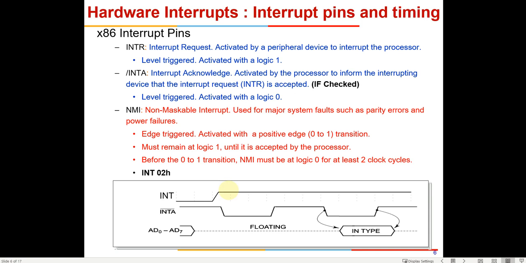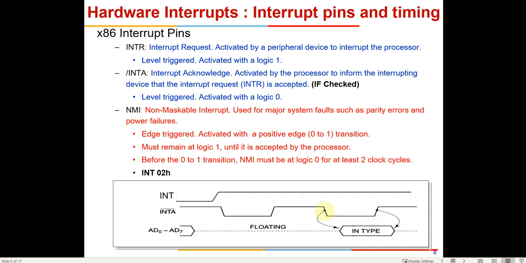It will not stop halfway through. It will complete that instruction and then send an interrupt acknowledgement signal, just to tell the IO device, okay, I have received your interrupt. Be ready to give me the data, which is one byte of data indicating which interrupt I have to do.